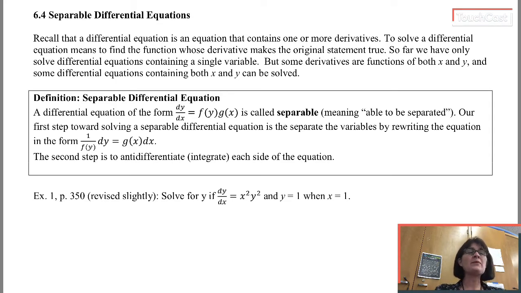That means we're going to be able to use regular algebra to move all of one variable to one side and all of the other variable to the other side. Most of the time these equations are written in terms of x and y. We're going to try to move all the y's to the left and all the x's to the right. Then our technique is to use integration, so to find antiderivatives, to solve differential equations.